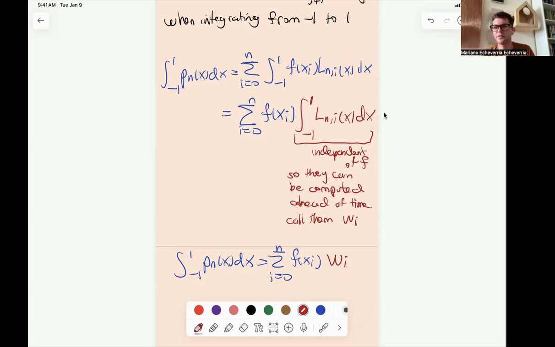So in fact, when you have a numerical method, the thing that consumes the most time is evaluating the function at these nodes, because that's the new part that you have to find.